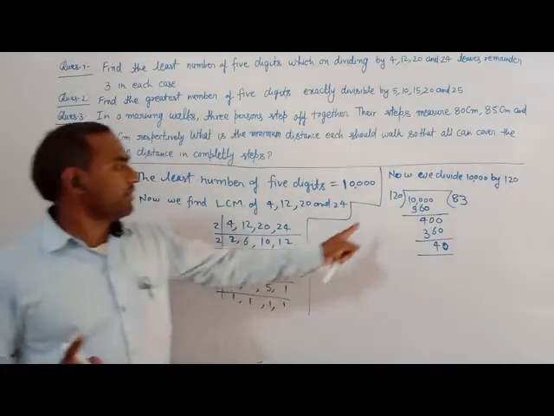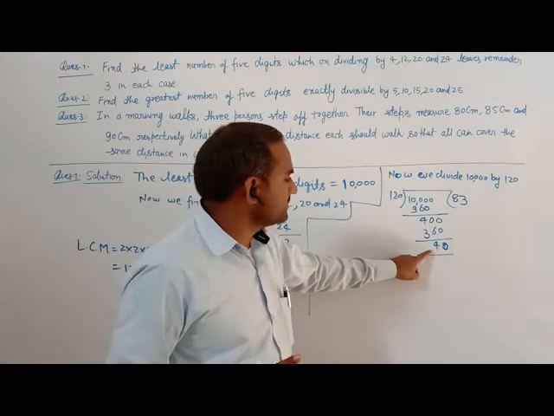After dividing by 120, 40 is the remainder.